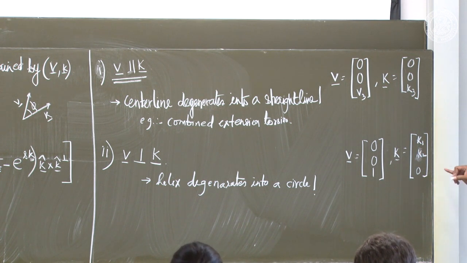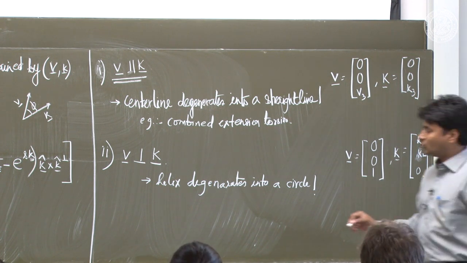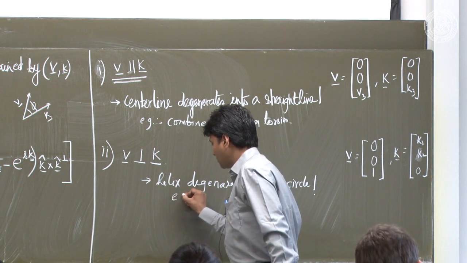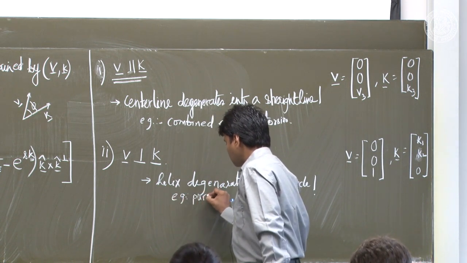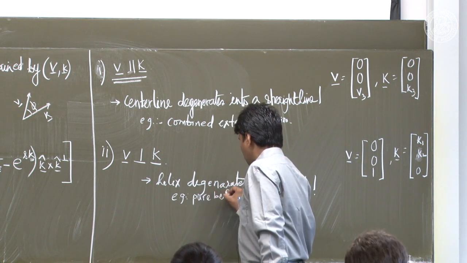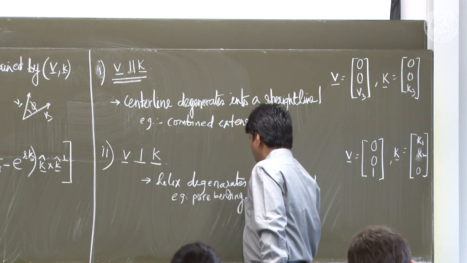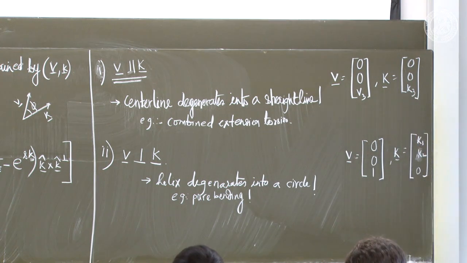So that's the case of pure bending. So one example here is your pure bending. Okay? And of course, if these two situations are not there, then you have the full helix, right?